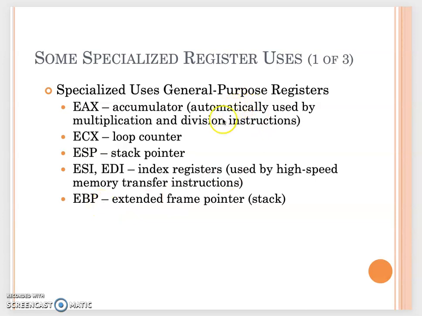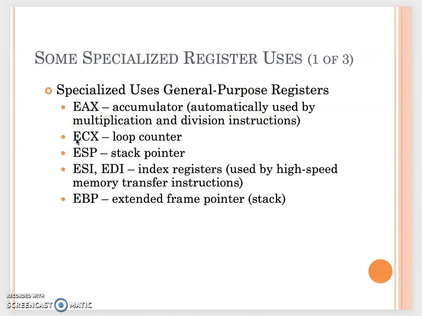But here let's talk about the general use of those registers. EAX is the accumulator, automatically used by the multiplication and division instructions, the mul or div, which we will talk about in chapter 4.